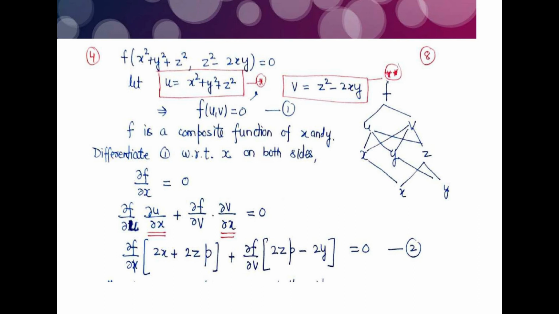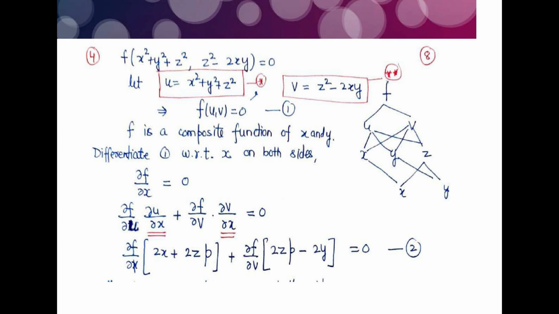So to solve this problem, we define two variables as u equal to x square plus y square plus z square, that is the first argument of your function. Call this one star. Then define v as the second argument, that is z square minus 2xy, double star. So I can rewrite the given arbitrary function equation as f of u, v equal to 0, that is equation number 1.